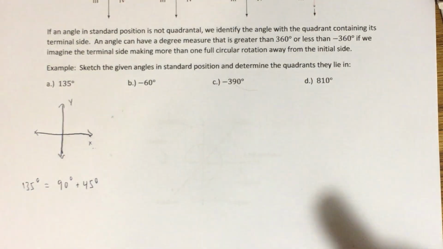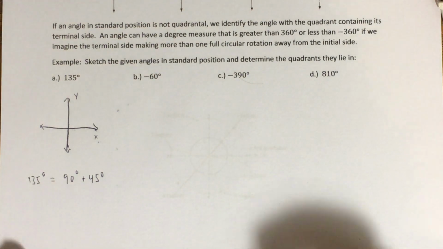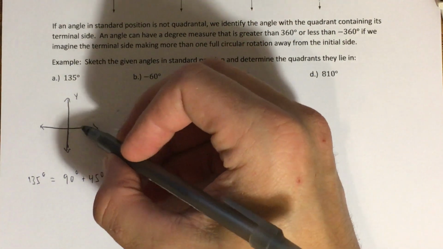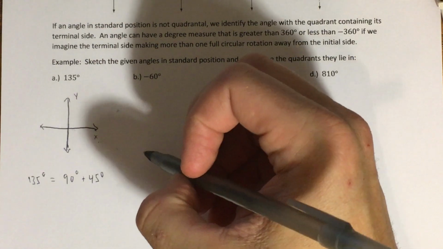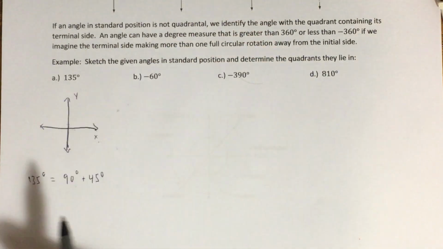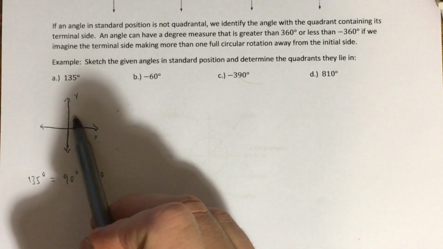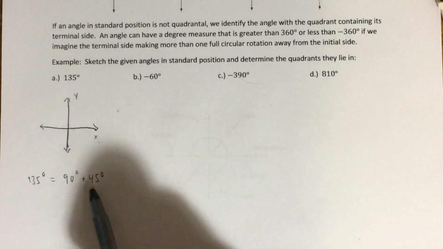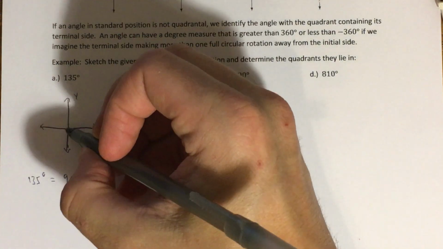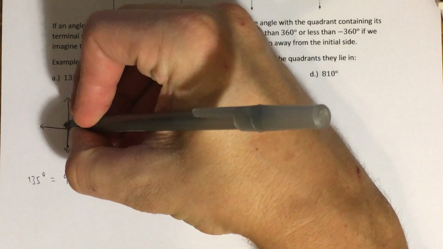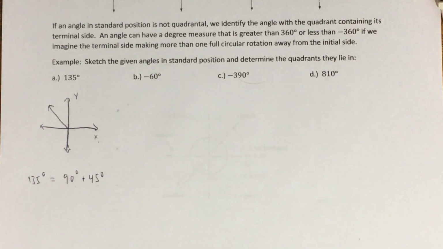And you don't need to write this out every time you're sketching an angle. It just helps you visualize it a little bit more. So as I go from the positive x-axis to my 135-degree angle, 90 degrees, this first value, is going to take me up to the positive y-axis. And then 45 degrees is half of 90, so that's going to take me halfway into quadrant 2. So that's where the 135-degree angle is.